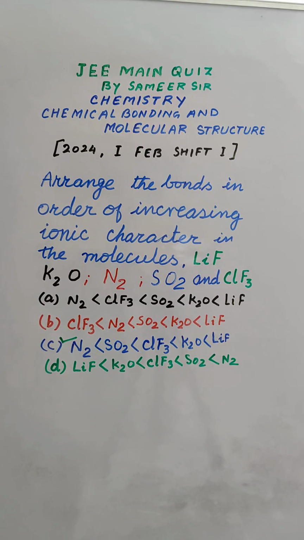The greater the electronegativity difference, the greater will be the ionic character of the molecule. Therefore, the correct sequence of increasing order of ionic character is N2, then SO2, then ClF3, then K2O, and at last LiF. So LiF is the most ionic in the molecule.